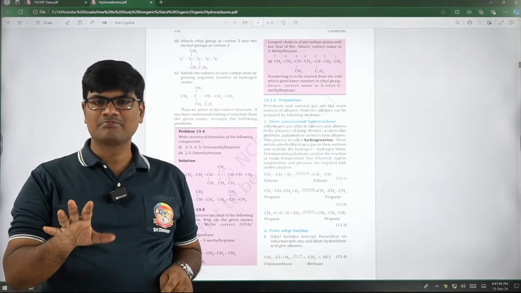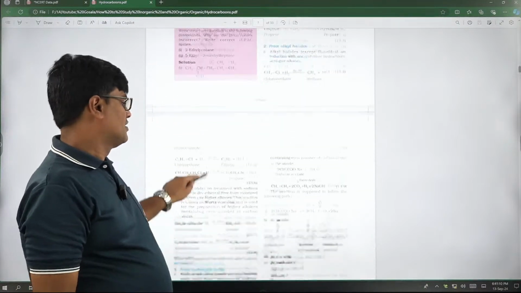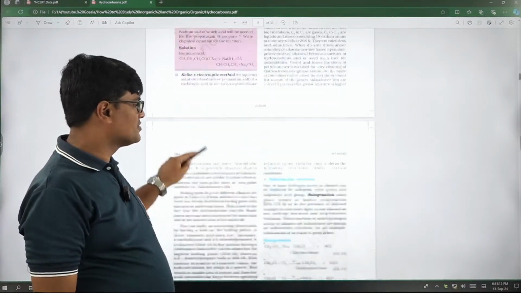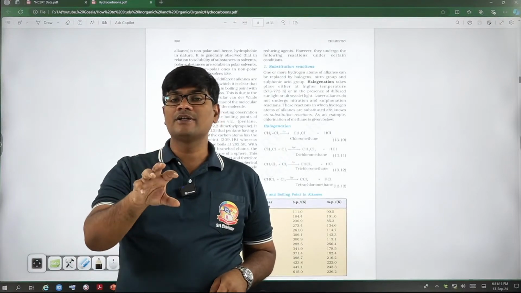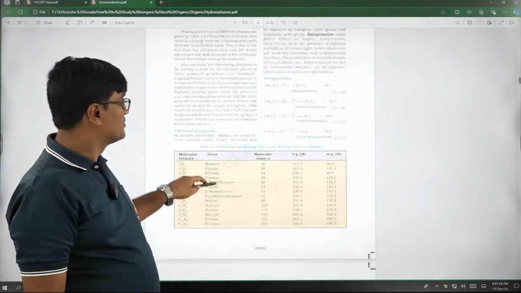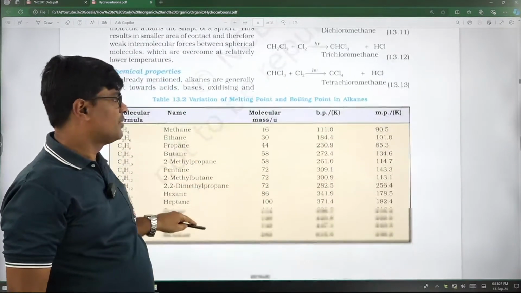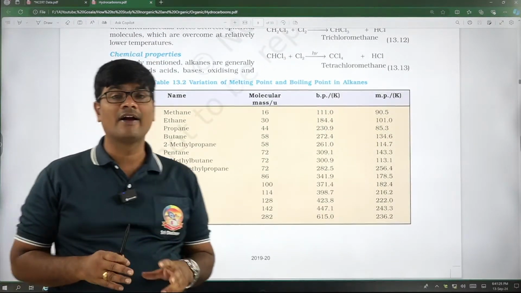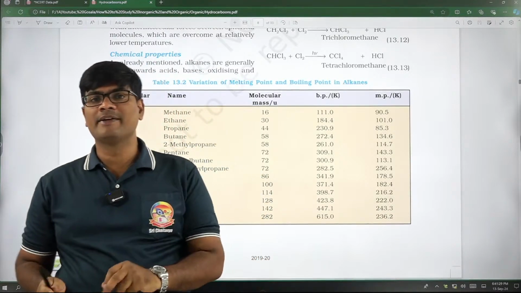For alkanes, we need to go through the class notes because class notes have a vast number of examples to give a clear idea. What about physical properties? Yes, you need to go through NCERT and collect the data from this table. For example, one interesting finding from the NCERT data on melting points: propane and methane, which has the higher melting point?